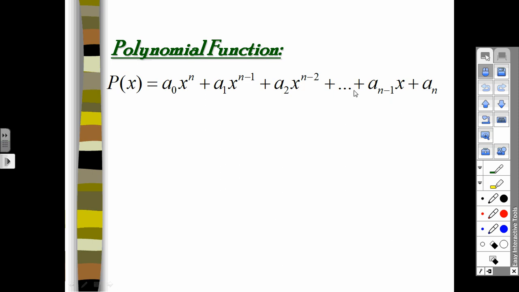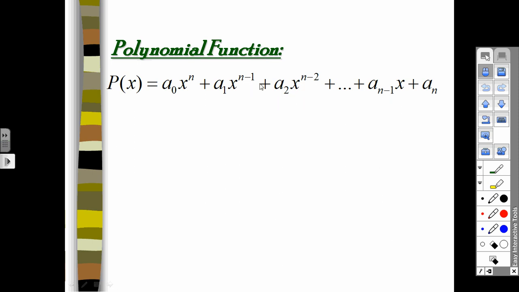So that's what the dot dot dot here is, so we don't know how many terms are in between these. And generally, the coefficients can all be different, so they all have different subscripts, right? And you start with the highest exponent, whatever that highest exponent would be, and it should decrease by 1 each time. And sometimes, if say this coefficient is 0, this term is not there, right?